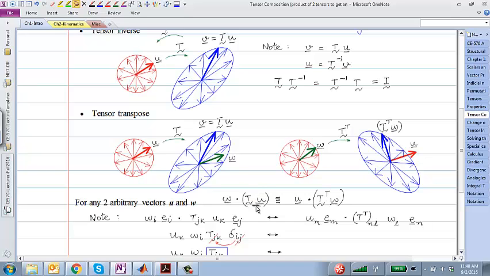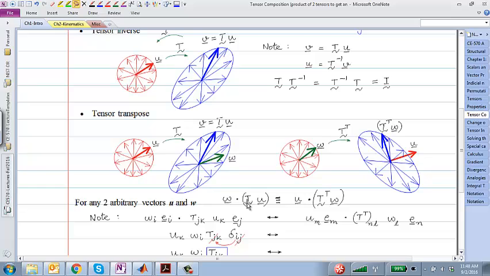The dot product of that vector with the vector w, which is also arbitrary, should be equal to, now if I switch the u and w, on the right hand side I have some transpose tensor acting on w and dot product with u. So if this equation holds, then T transpose would be the transpose of this tensor. This is how it is defined.